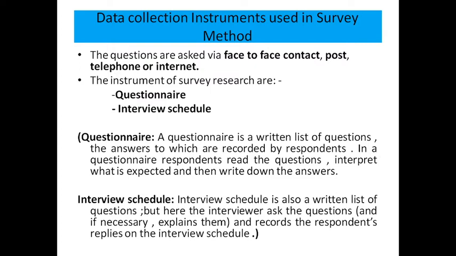In a questionnaire, respondents read the questions, interpret what is expected, and then write down the answers. Interview schedule is also a similar tool to questionnaire, but here the difference is that the interviewer asks the questions and, if necessary, explains them and records the respondents' replies on the interview schedule.